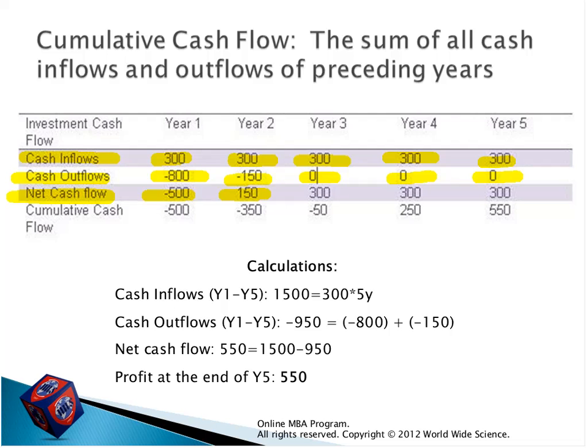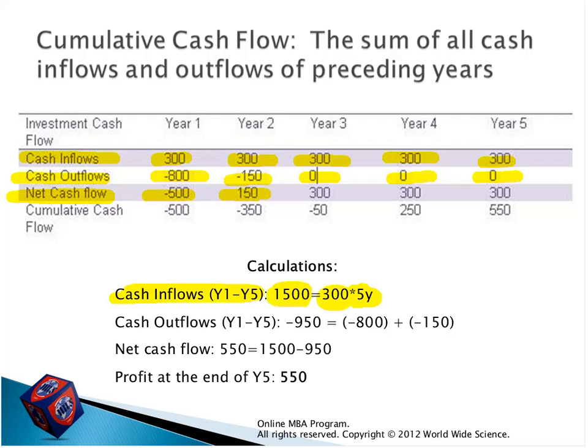Okay. And let's see the calculations of these cash flows. Cash inflows of the profits over the 5 years is equal to 1,500. This is 300 of annual profits multiplied by the 5 years.